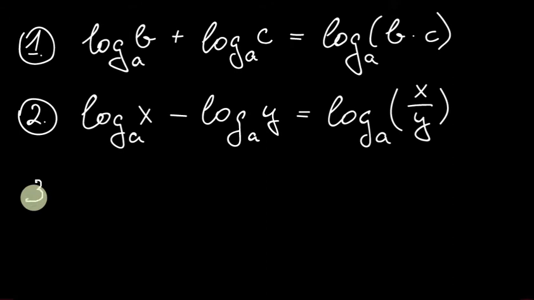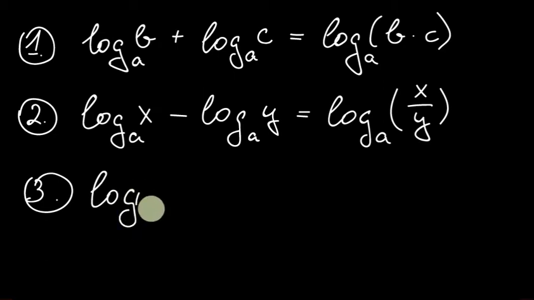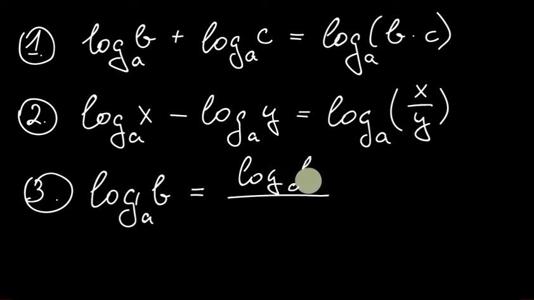Third property. Let's say we have log base a of b. Now, it is the same thing as log base c of b divided by log base c of a.